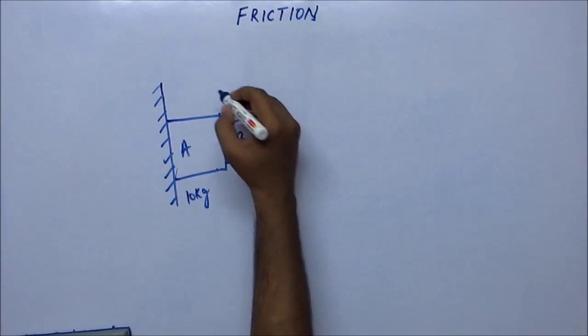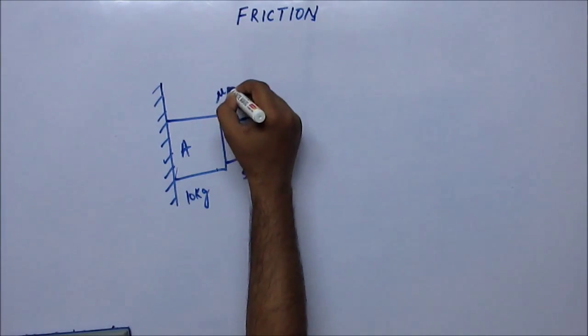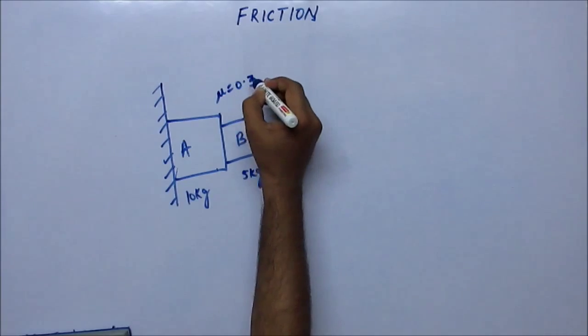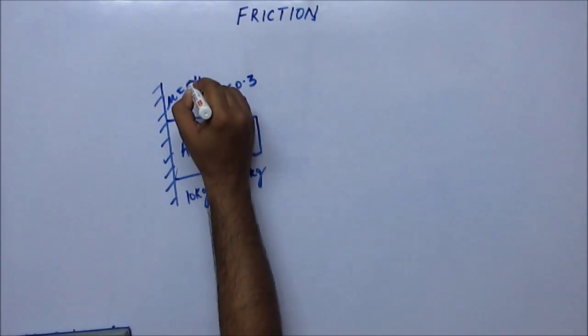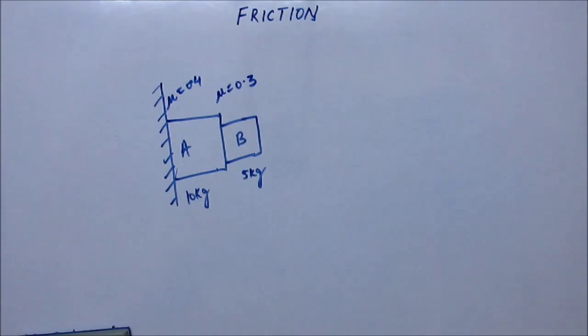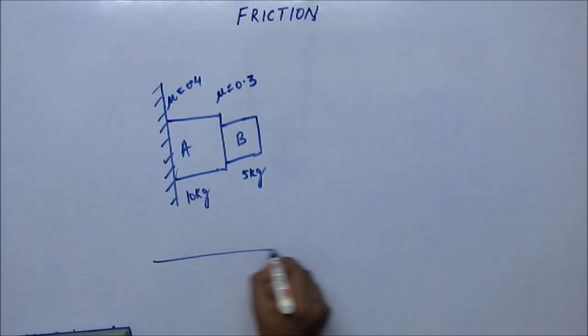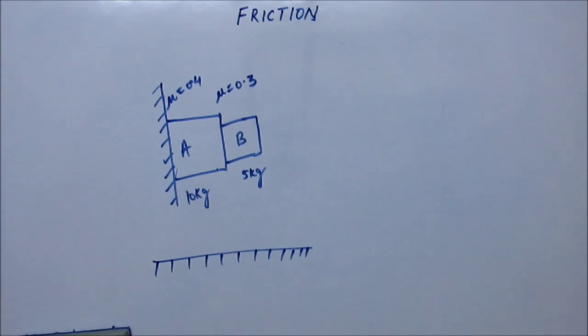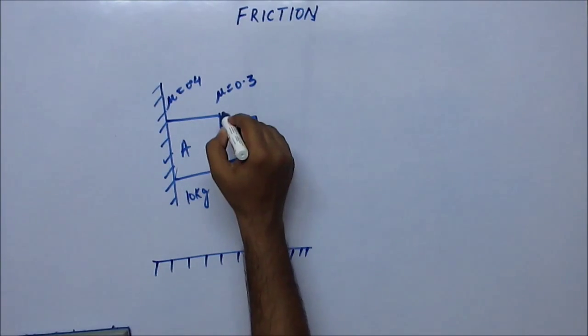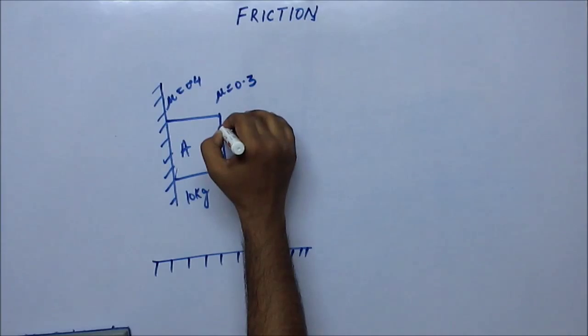Mu, suppose at this contact is 0.3 and at this contact it is 0.4. Right? If I just leave the system like this, then A and B are going to fall. This is the ground. Right? A and B are going to fall because the friction force at this contact will not be acting.